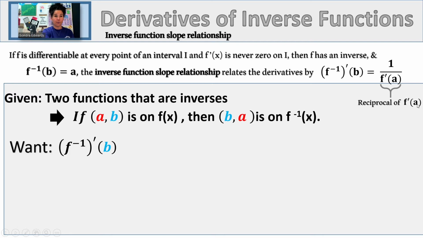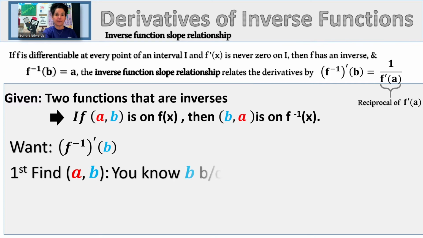That's our goal. But before we can find f prime of a, we need to know what a is. After you know a, then you can find the derivative of f and plug it in. But first thing, we need that full coordinate. We've got to find that original a comma b.